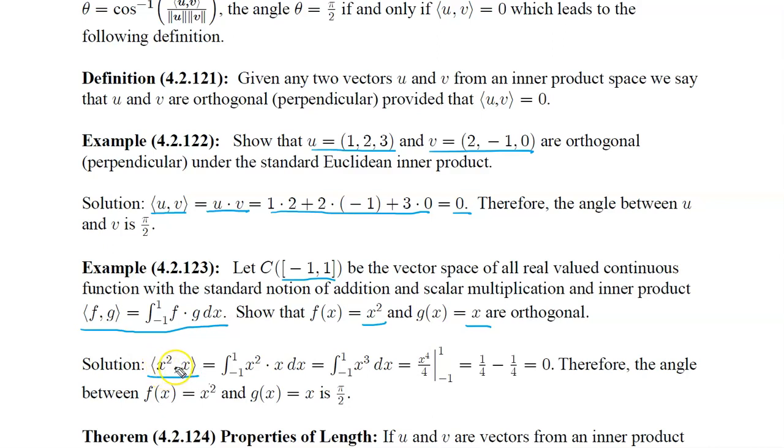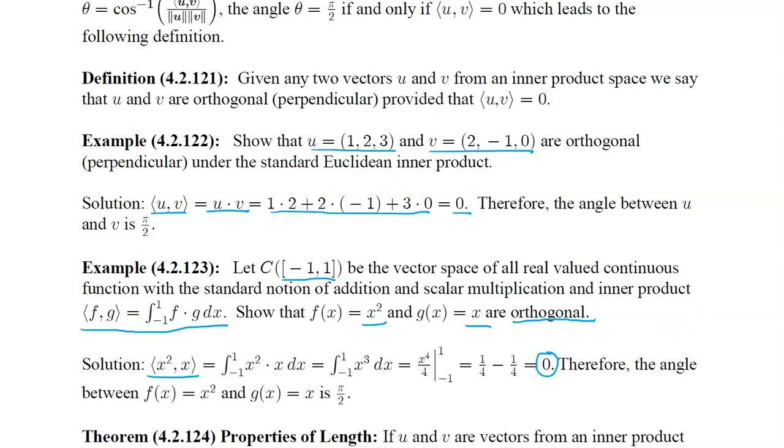So the inner product of x squared with x. Now we're integrating from -1 to 1 instead of 0 to 1. So we integrate from -1 to 1 of x squared times x dx. That's the integral from -1 to 1 of x cubed. And if you evaluate this, of course, you will get back 0. So therefore, the angle between x squared and x is pi/2, or those two functions are orthogonal.